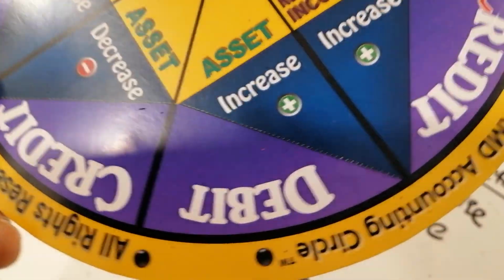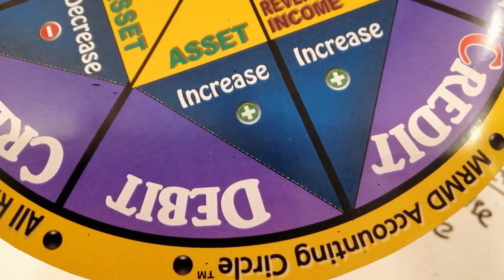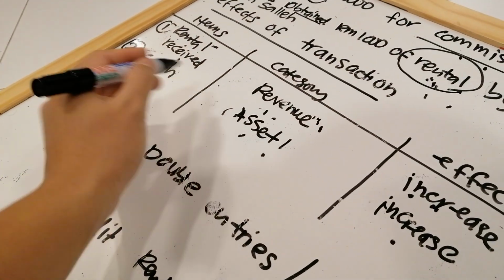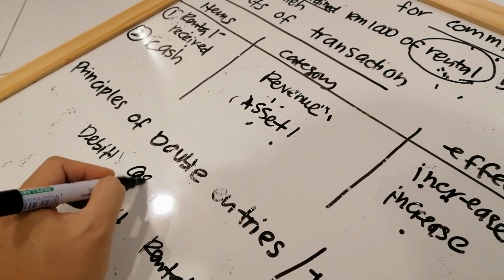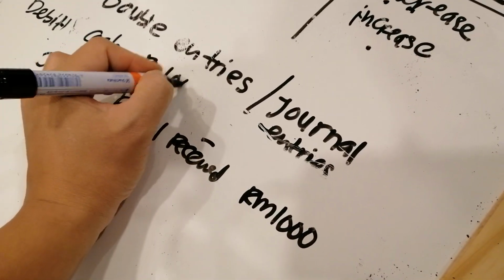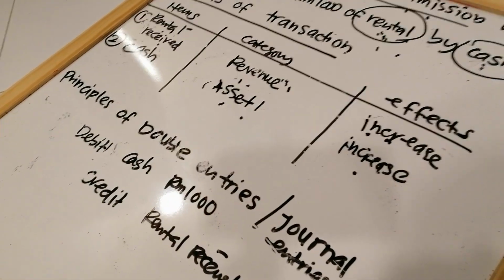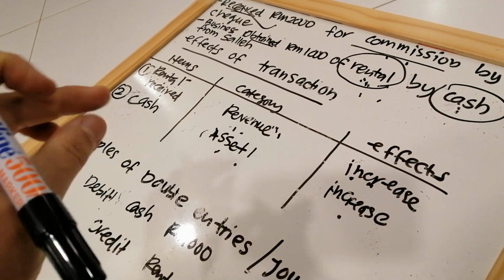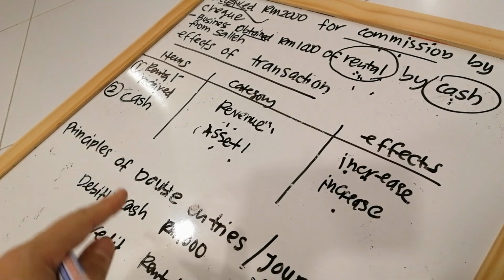Okay, asset increase we record under debit. Asset increase, debit. Remember, do not debit the asset. The name of the asset here is cash, the item name. So RM1000. Done. Okay. So there is no term like sales that we use here for other revenue.